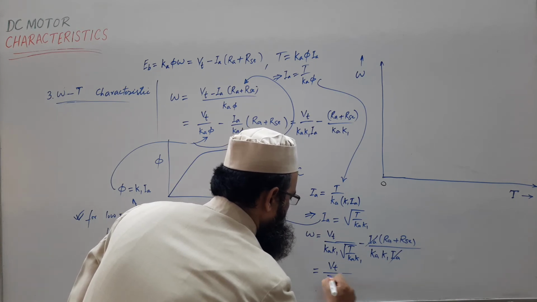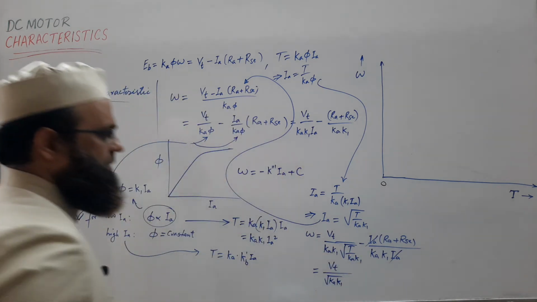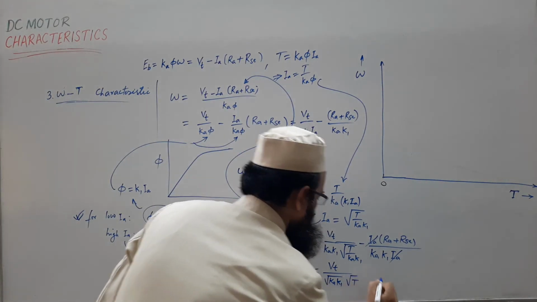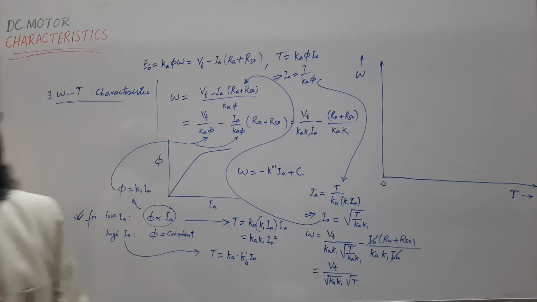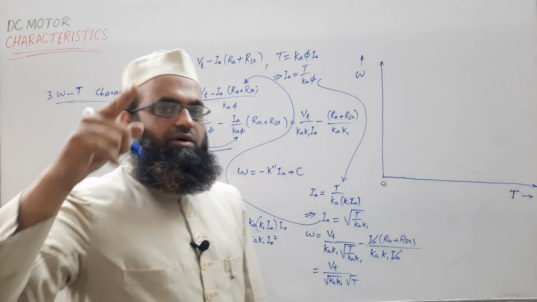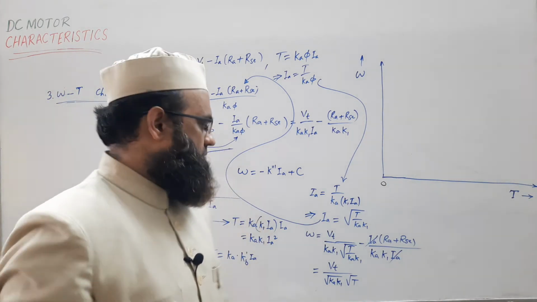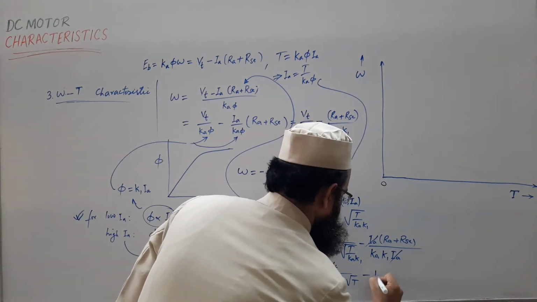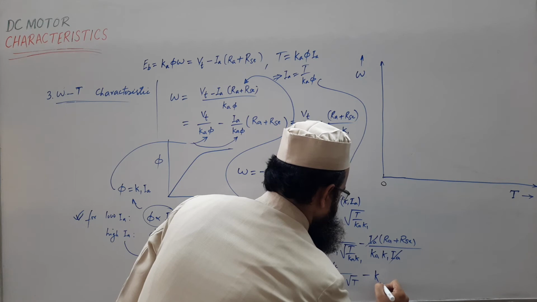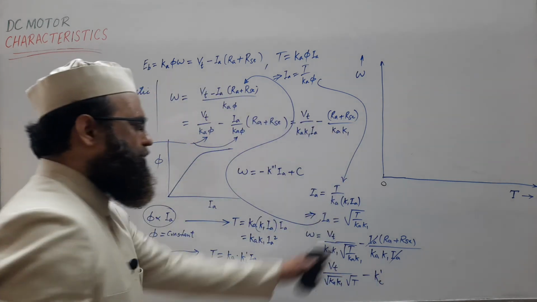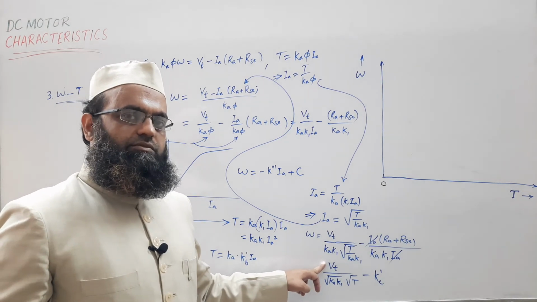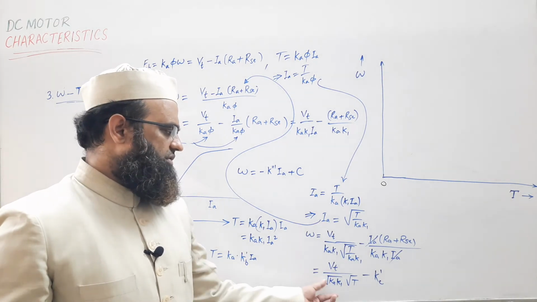This is also constant, right, times root T. Something like y equal to 1 upon k times root x minus some constant, let us say Kc dash. This is constant supply voltage, this is constant.